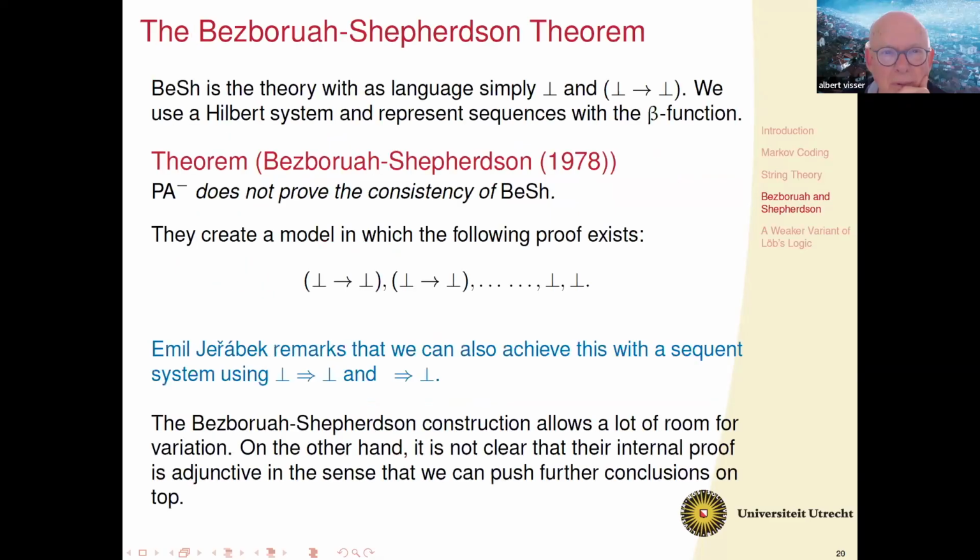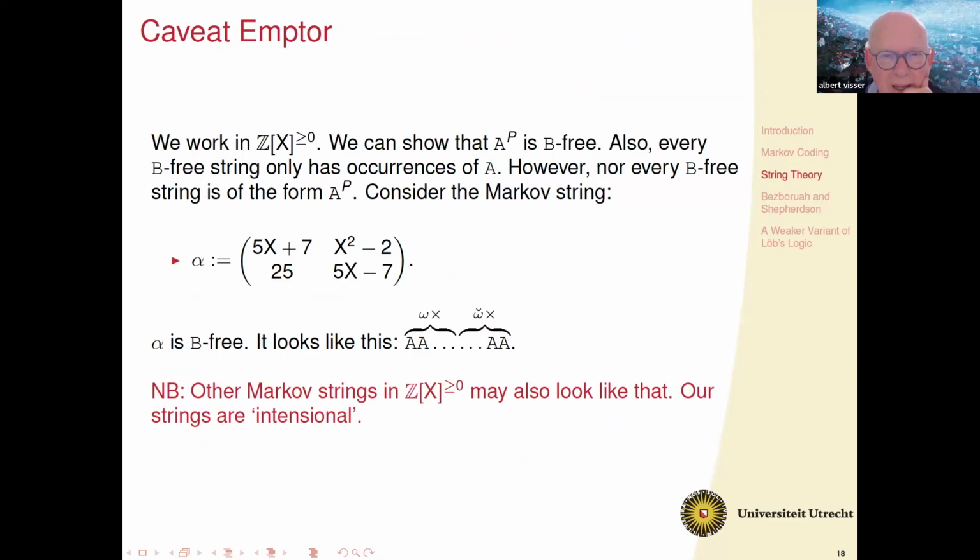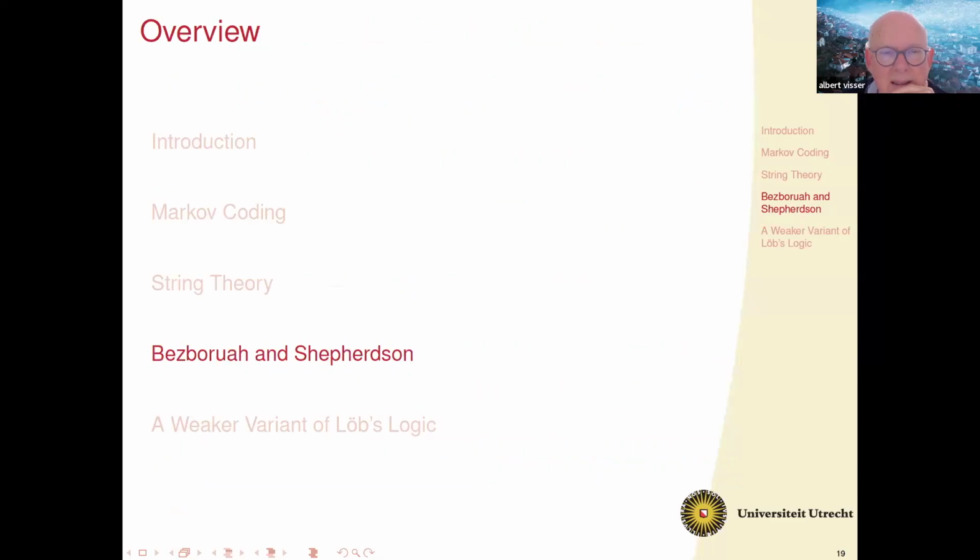So the next step was, now we have a new way of coding. If we think about the beta function, I think after Gödel there are two salient important results about the beta function, namely Jeřábek's, showing that it already works over PA minus.